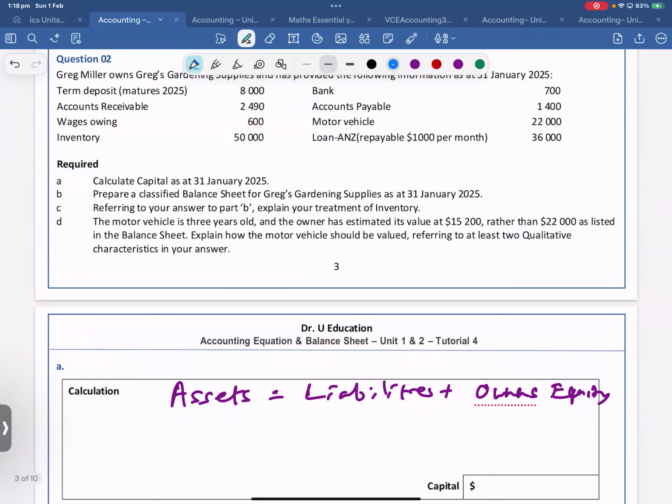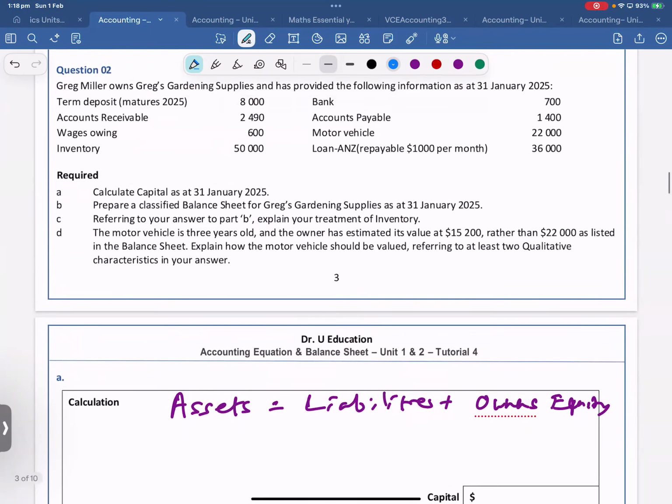We'll start from term deposit. Is it an asset? Yes, 8,000, plus accounts receivable 2,490. And then wages owing, what is it? Liability, current liability. Inventory, asset, 50,000.